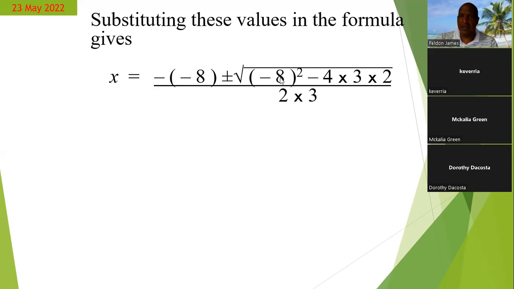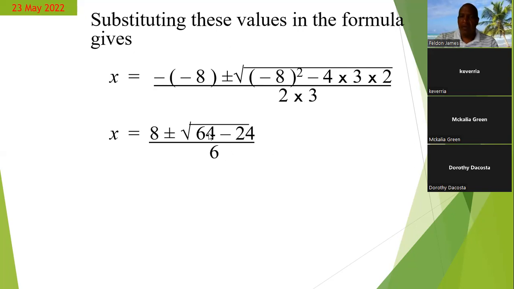So we do the square. We square a negative, we're going to a positive number, 64. Then we multiply the 3 times 4 times 2. This is going to be a negative number. 4 times 3 times 2 will give you a -24. And 2 times 3 gives you 6.